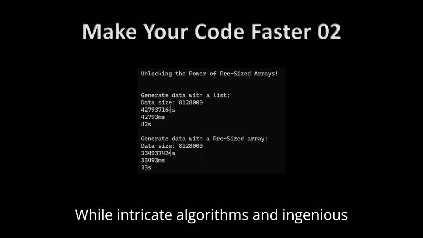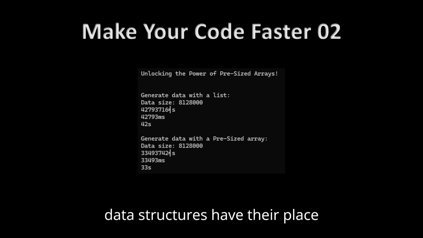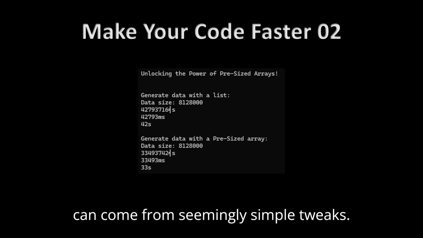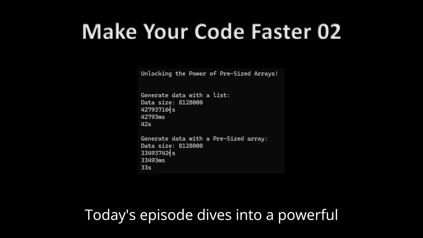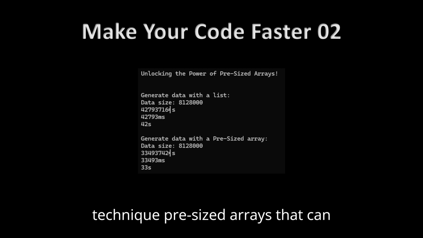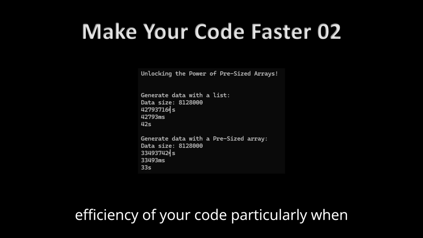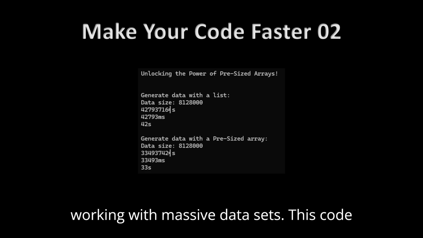While intricate algorithms and ingenious data structures have their place, sometimes the most impactful improvements can come from seemingly simple tweaks. Today's episode dives into a powerful technique, pre-sized arrays, that can significantly enhance the speed and power efficiency of your code, particularly when working with massive datasets.